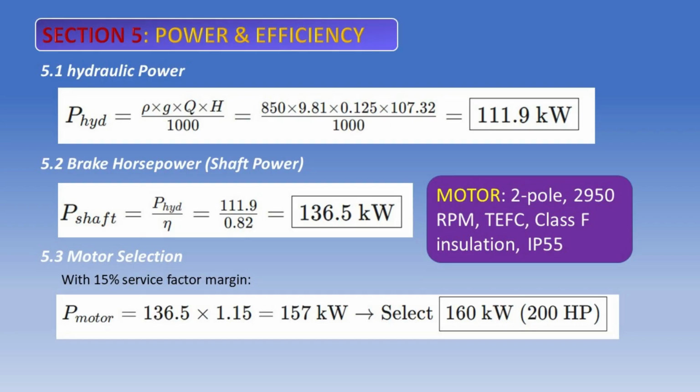Finally, to select the motor, we add a 15% service factor to account for any unforeseen demands. This gives us 157 kilowatts. So we select the next standard motor size, 160 kilowatts or 200 horsepower, TEFC, Class F insulation. An IP55 motor is selected for reliability and safety in the refinery environment.